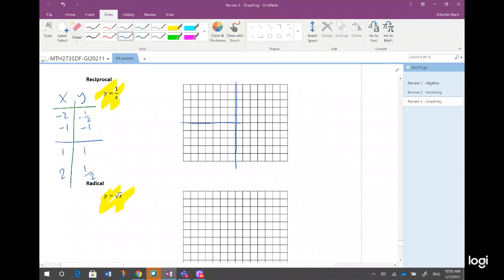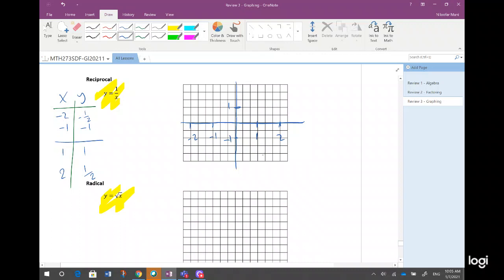Again, if I have a good understanding of this, it is good. For example, 1 and 2. When I do 2, it is half. Okay, so here 1 and 2, minus 1 and minus 2. This is 1 and this is minus 1, and that's half and half.